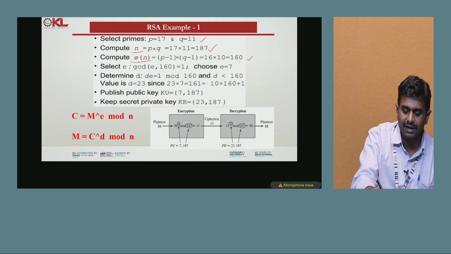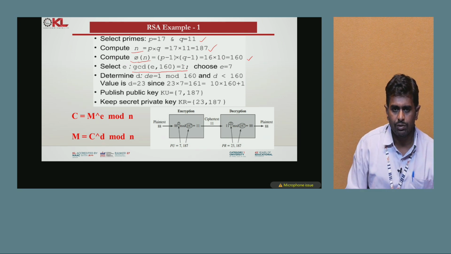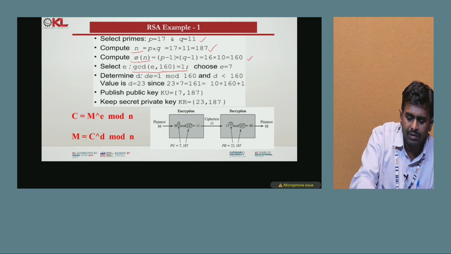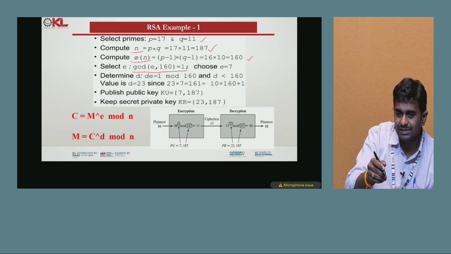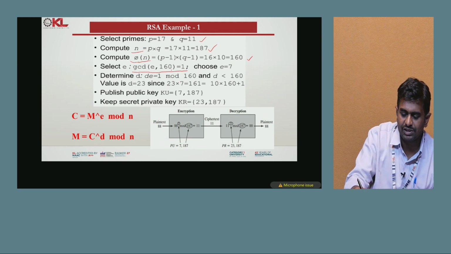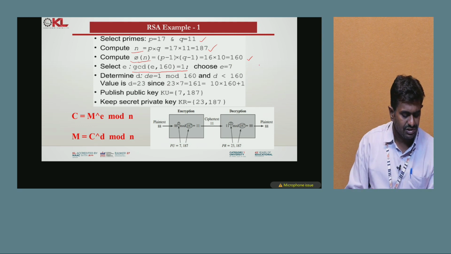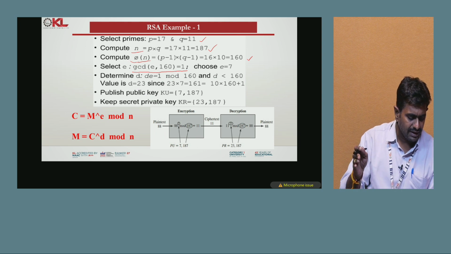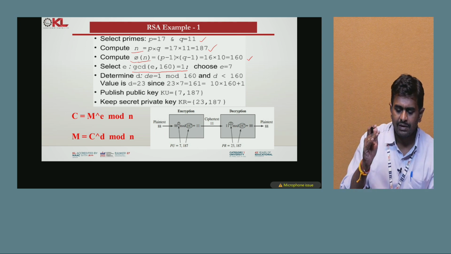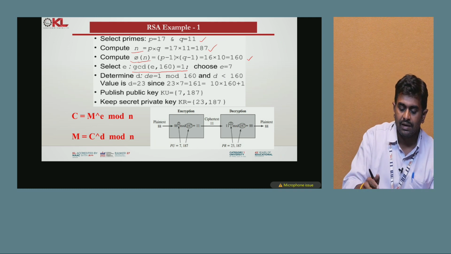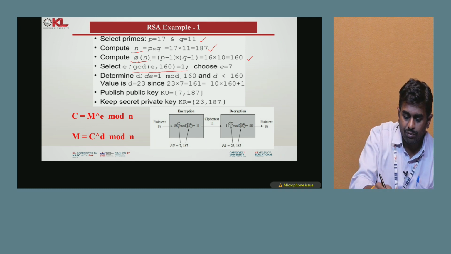Now select the E value. The formula is GCD of E comma phi n equals 1, here phi n is 160. GCD means greatest common divisor. For example, the divisors of 160 are 1, 2, 4, 5, 8, 10, 16, 20, 32 and so on. There are so many divisors. We can select one value such that the greatest common divisor with 160 is 1.